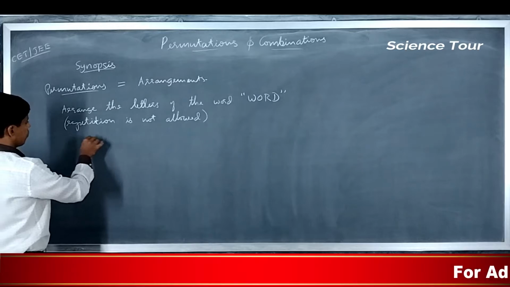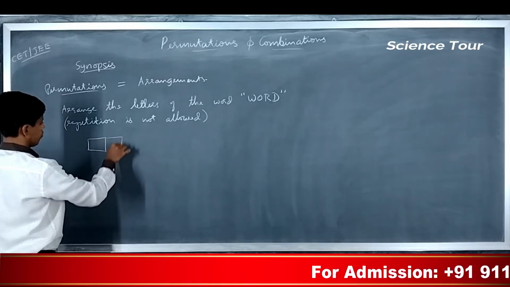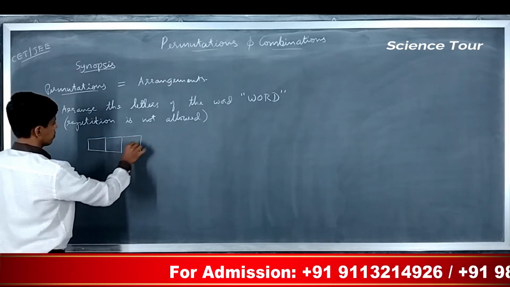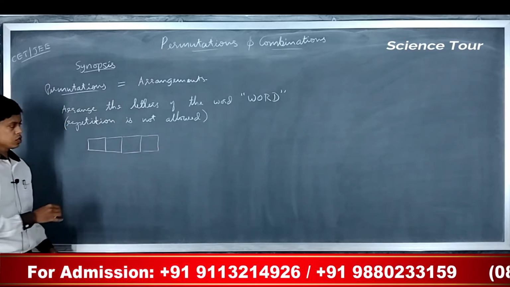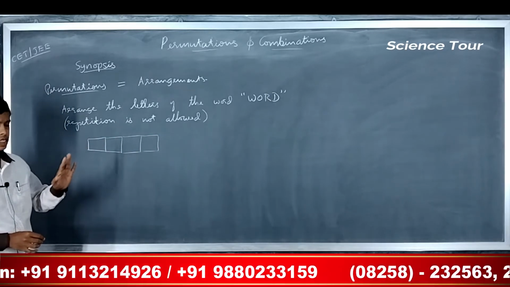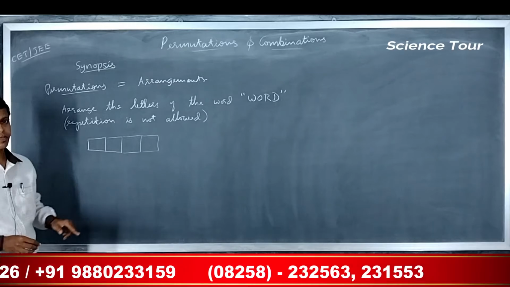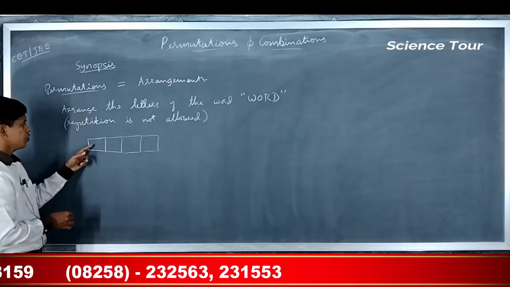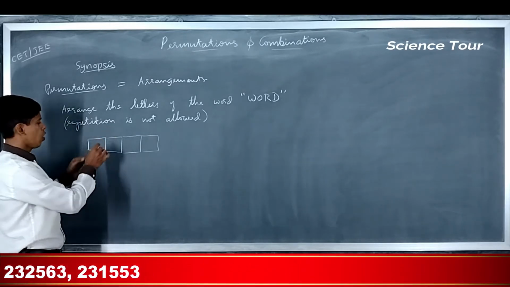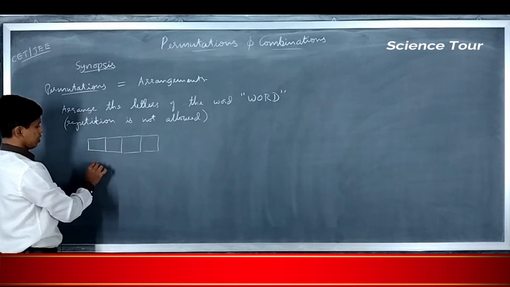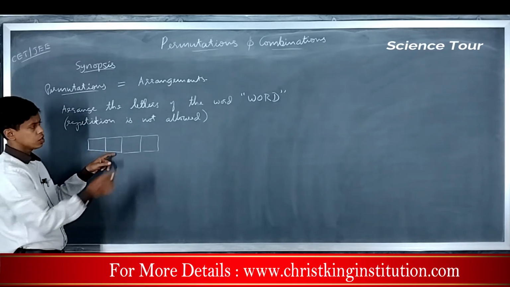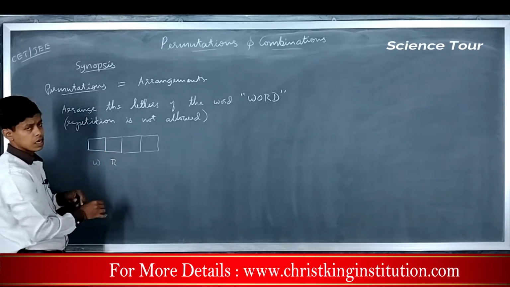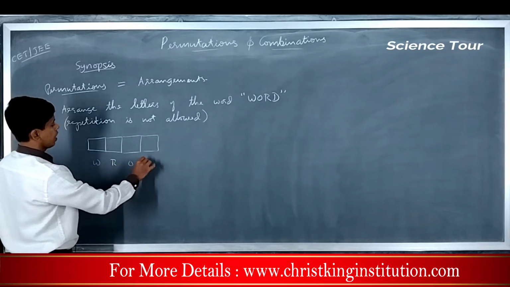Now you have totally 4 vacant places, correct. In those 4 places you have to fill those letters. Now in the first place, let us say you have put W, all right. Now W cannot be put here, you have to put any other letter, and then you have to continue.